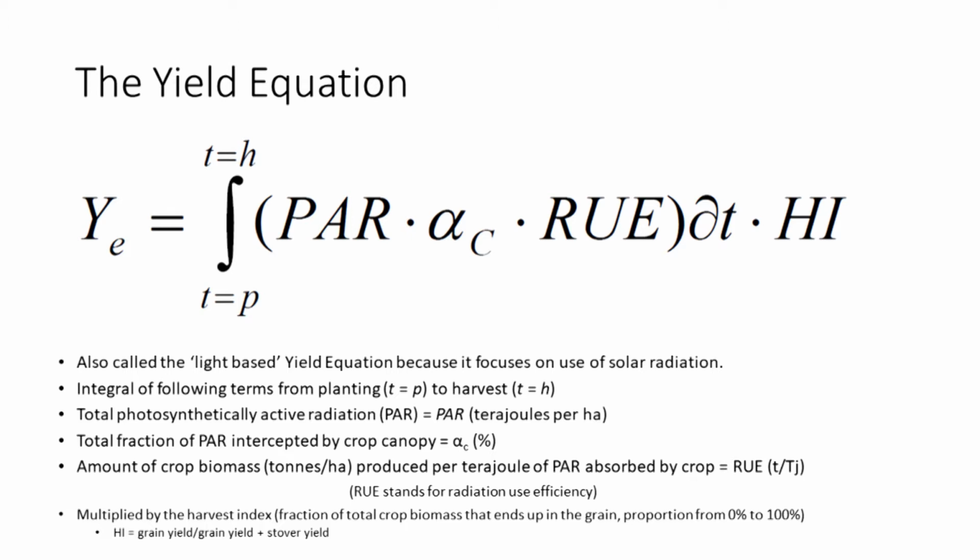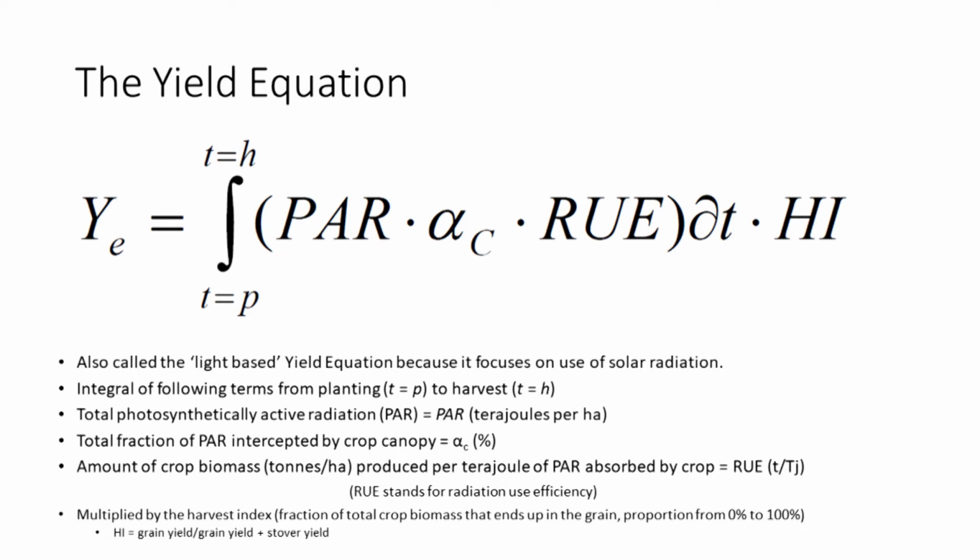And then we have PAR, which is total photosynthetically active radiation. Barry introduced this concept in previous lectures. So we're looking at all the solar radiation, or rather all the photosynthetically active radiation hitting a farm field, right? This is measured in terajoules per hectare. But we only care, as crop scientists, about the proportion or fraction of that PAR that's intercepted by the crop canopy, right?